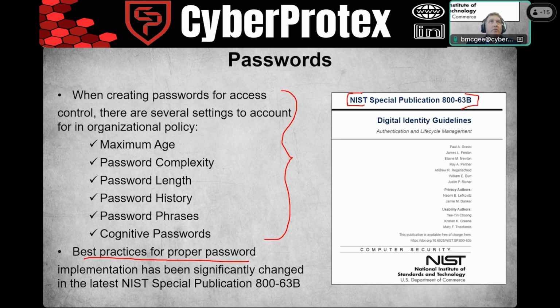What is some of the age of the passwords? Usually it's 60 or 90 days for different passwords. The complexity, usually 12 characters. That's usually best practice, at least 12 characters.